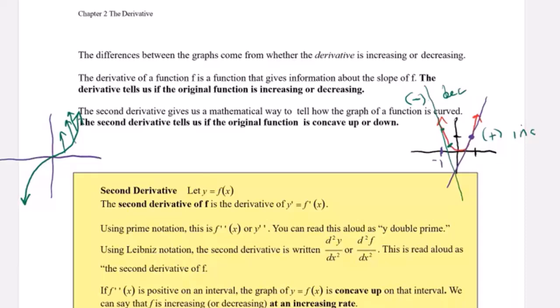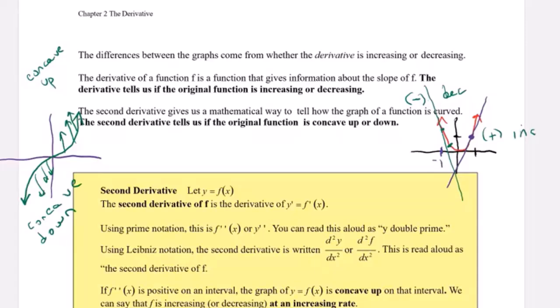But somewhere something happens because here it looks like it's pointing down, right? So this would be considered concave up. And this would be concave down.